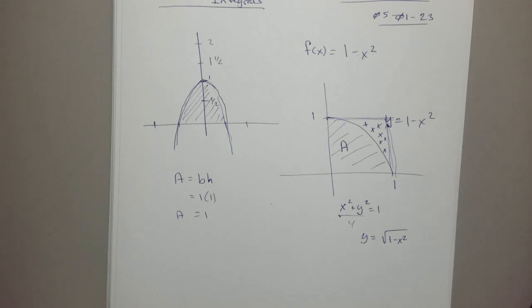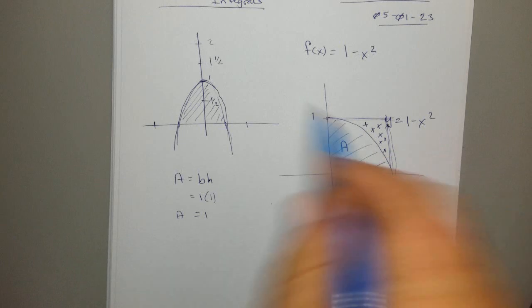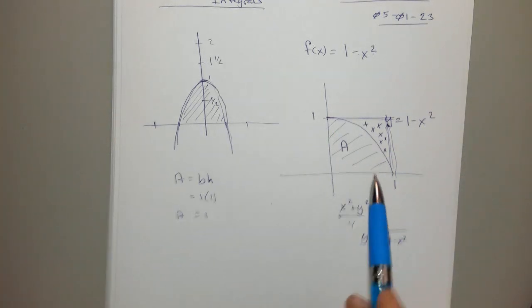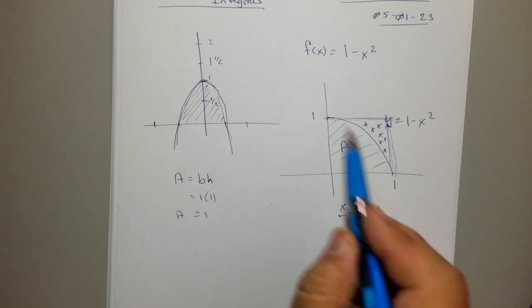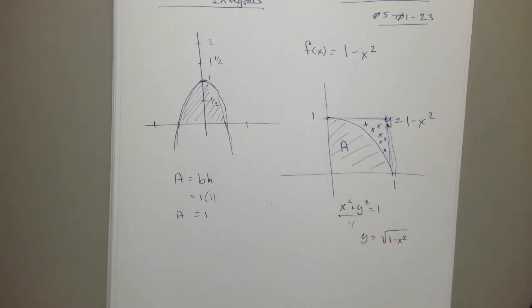A real-life example of this is you're designing your house. You have a table. Let's say you want to put some special material on top of your table at this corner. How much would you need? How much material would you need?